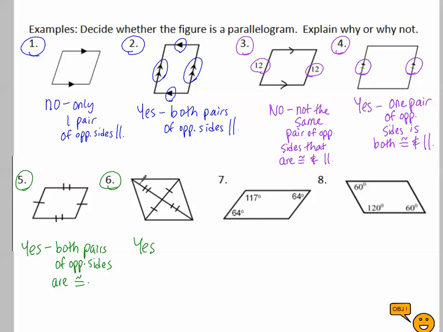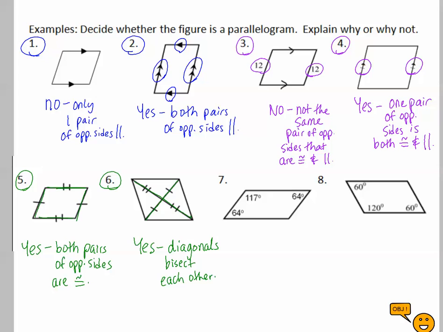These have hash marks on the diagonals, not the sides. So this one is the property about how the diagonals bisect each other. Notice the difference in where the congruent marks are: on the diagonals for this one, on the sides for this one. These are on the sides, not the diagonals.